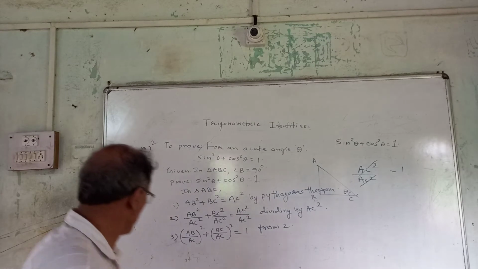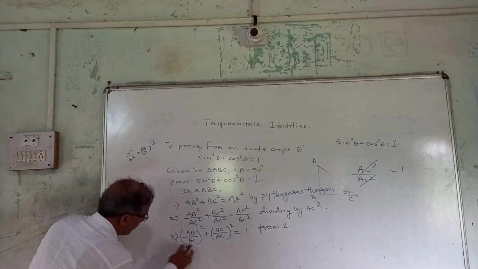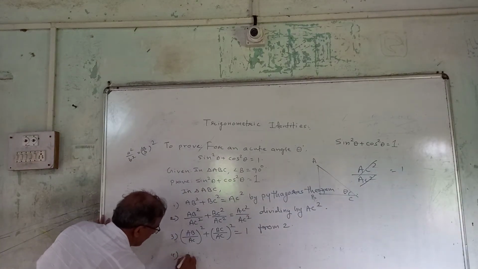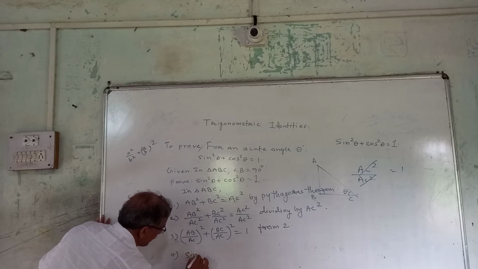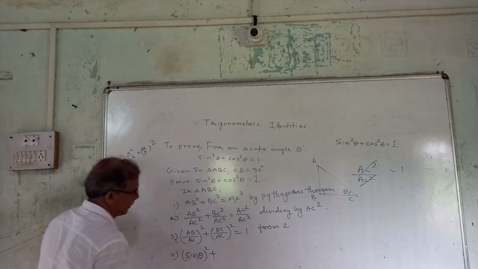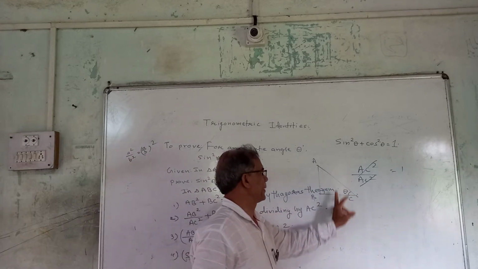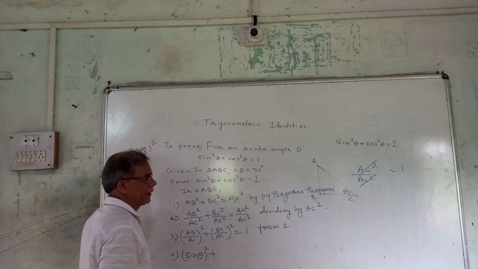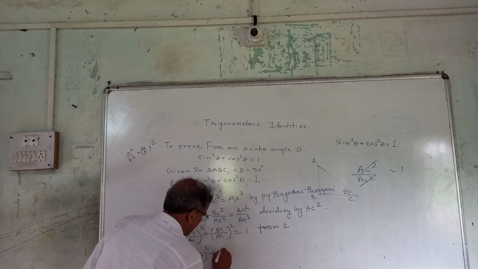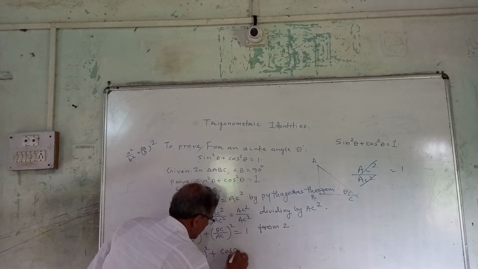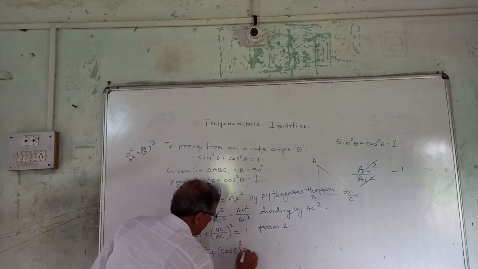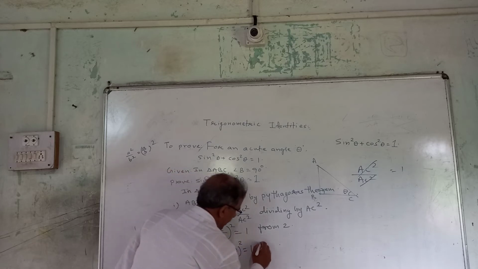Sin ratio. So here now, in place of AB by AC, we can write sin ratio of the angle theta whole square plus BC upon AC, adjacent upon hypotenuse. Which ratio? Cos ratio. Cos theta whole square is equal to 1. And what you have to write?